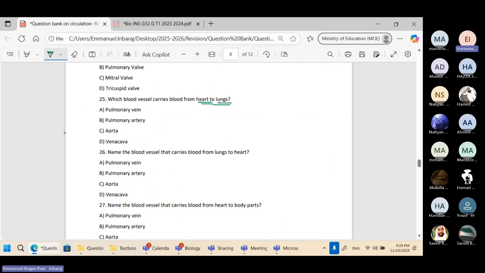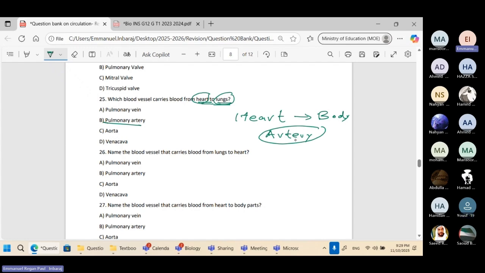Yes. Pulmonary artery. See what you should remember: heart to lungs. All the blood vessels that carry blood from heart to the body parts are called arteries. So here it is heart to lungs. Lung is pulmonary.